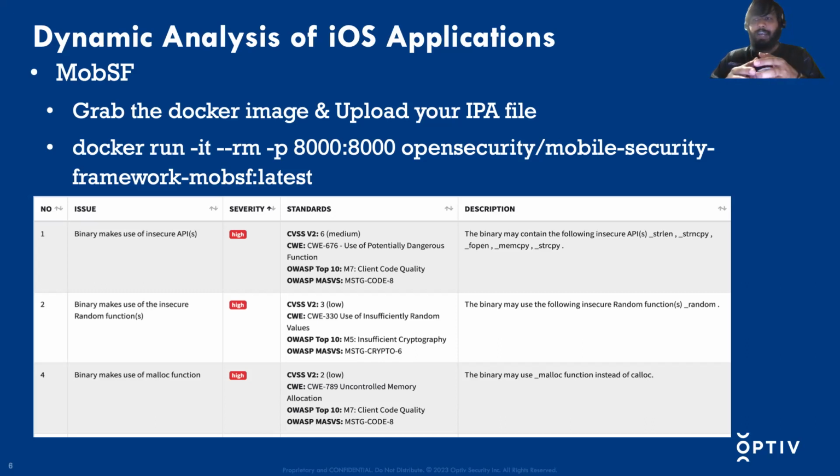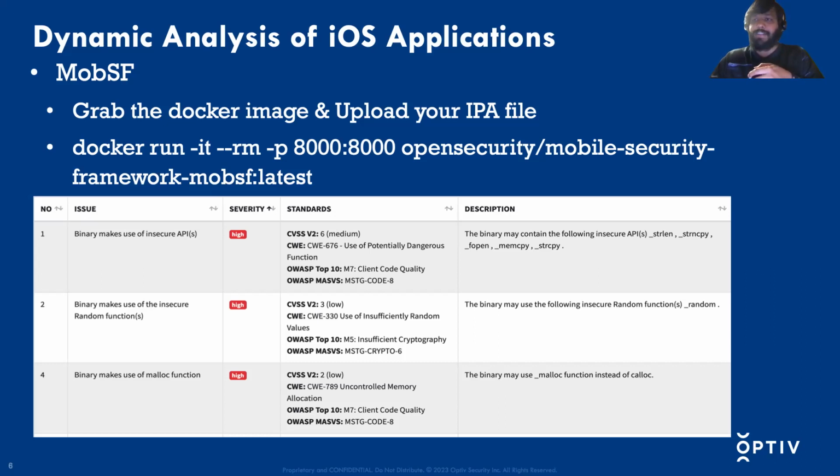It also shows what the severity of the bug is and how you can exploit the bug later on. So the dynamic analysis is the first portion of the assessment where you can identify the overall security posture of the iOS application, and you can also determine the security score.